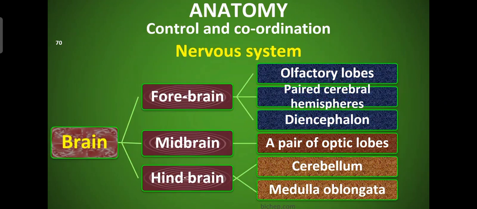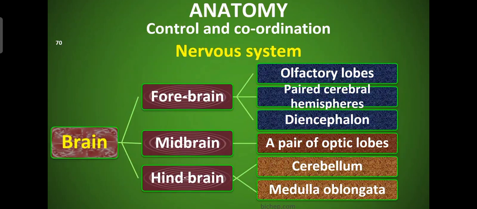So we are going to study the central nervous system. The brain consists of forebrain, midbrain and hindbrain. The forebrain consists of olfactory lobes, paired cerebral hemispheres and unpaired diencephalon. Three parts are there in the forebrain.